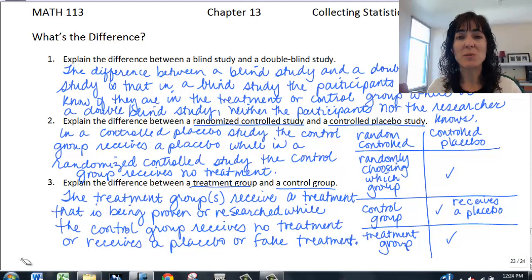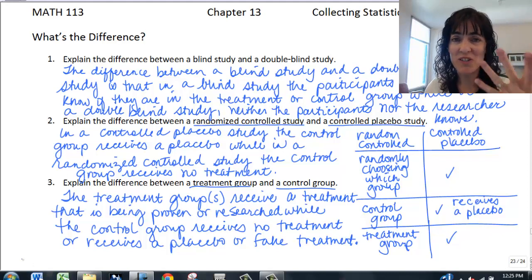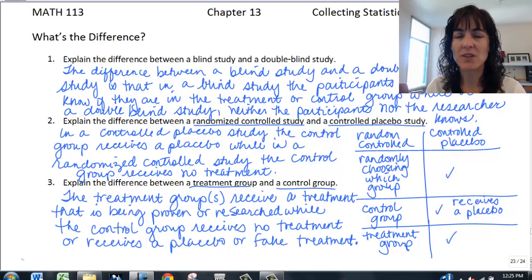So you have two possibilities. We do nothing with them and we just see how they are in 10 years, or we actually give them a fake treatment like a scar so that they think they had shoulder surgery, or we give them a pill that is a sugar pill or some kind of fake pill.